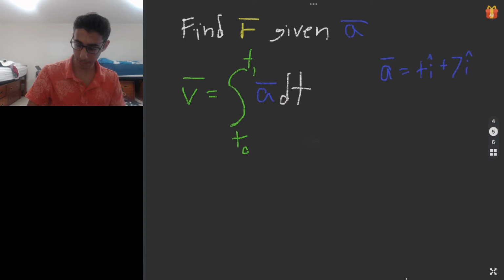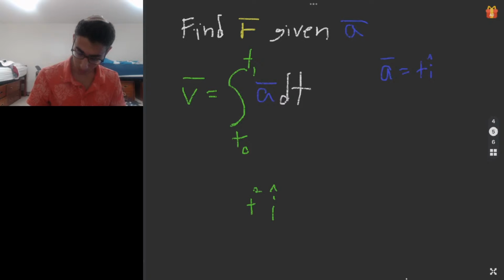So now we take the antiderivative of this to get our velocity. So again, we add 1 to the power that t is at, so t to the power of 2.